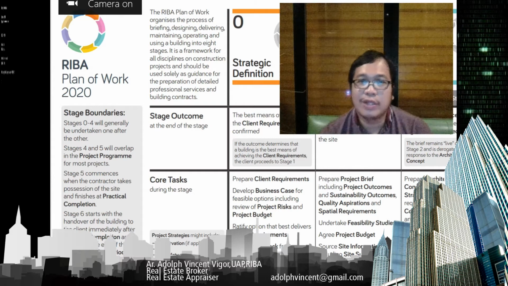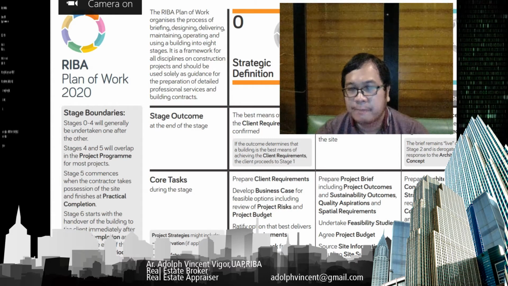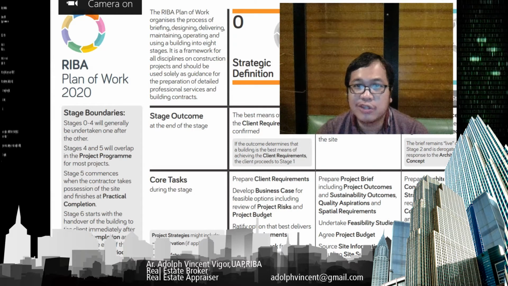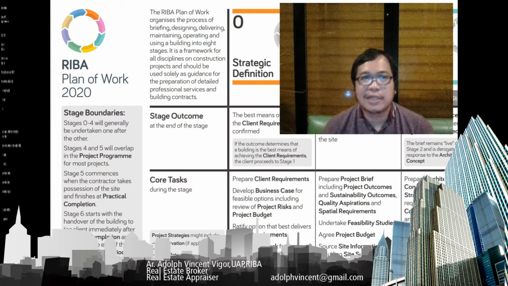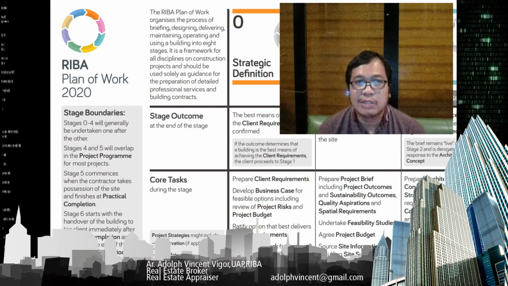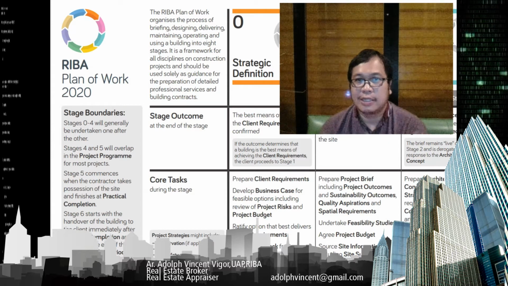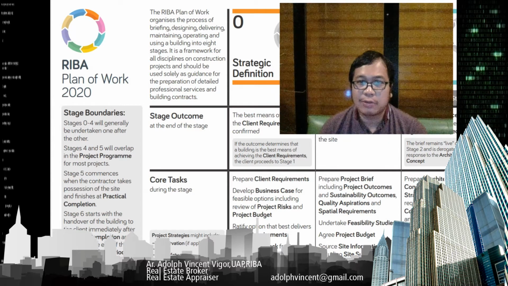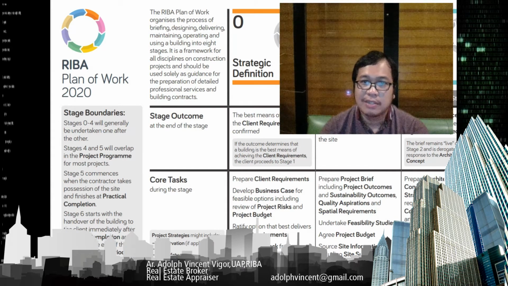Today we're going to have our lecture on construction management. We're going to discuss this week's class about the RIBA plan of work. The RIBA plan of work is a good way to manage and oversee projects.